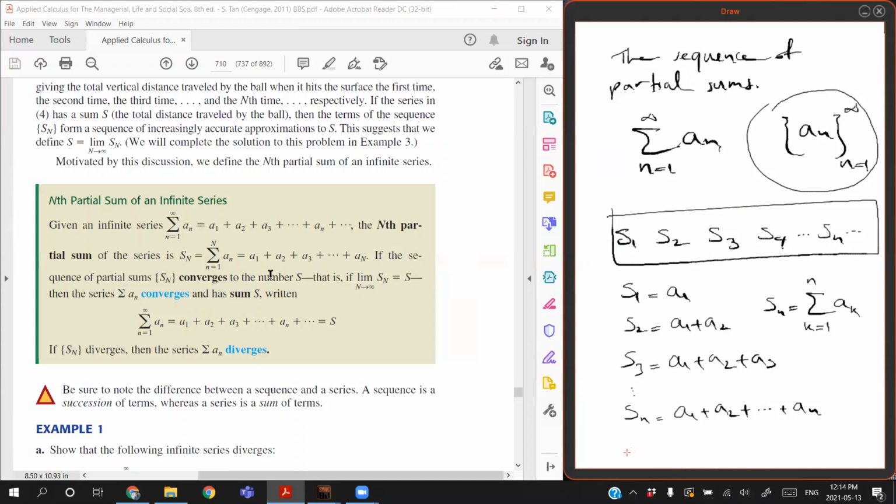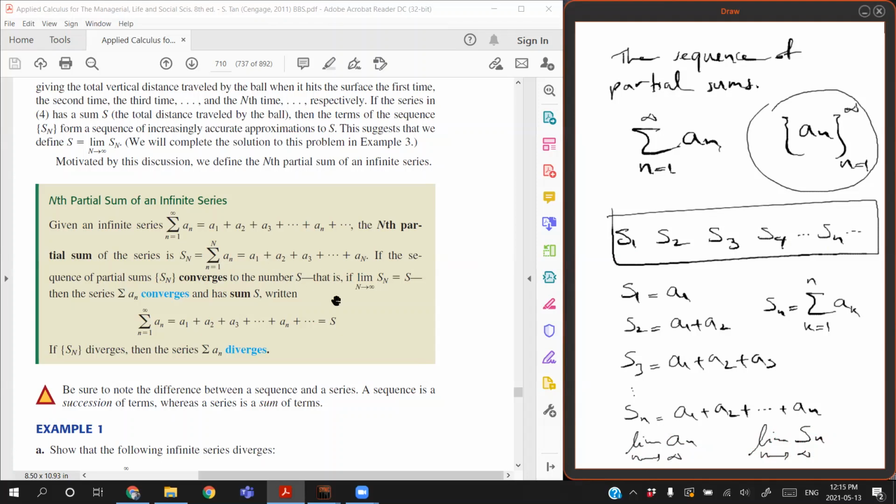So, for example, we can take the limit of An as n approaches infinity to see whether the sequence converges to a finite number or it diverges to infinity or negative infinity, or it just does not approach any limit. So since the sequence of partial sums is a sequence, you can do the exact same thing. You can take the limit of Sn as n approaches infinity.